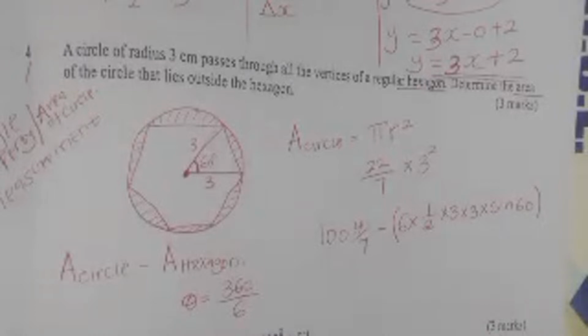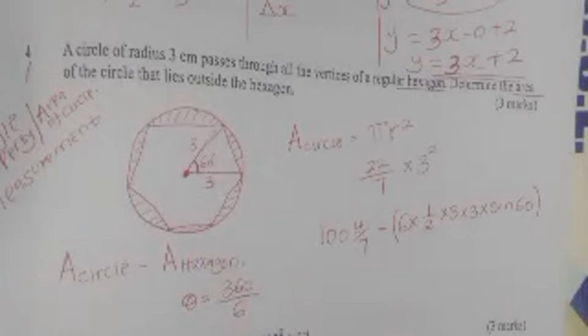So let me press that. 6 times a half times 3 times 3 times the sine of 60. So here we'll have 100 4/7 minus the answer.